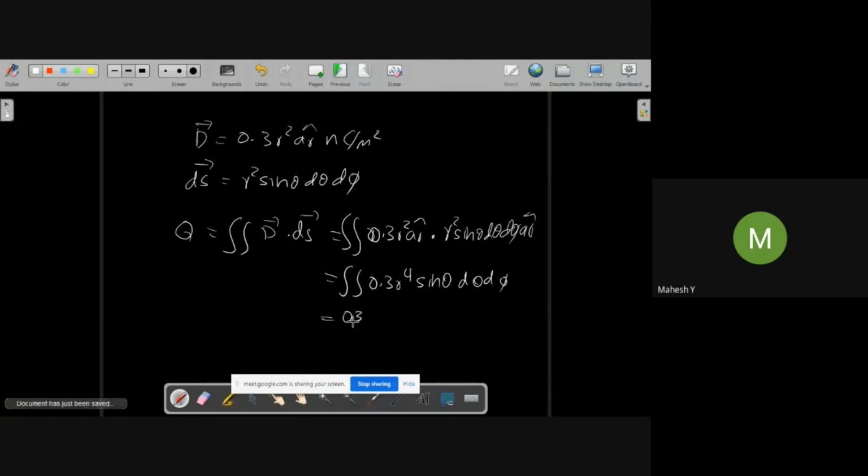So 0.3 r raised to 4 is how much? The limits are what? Sin theta d theta d phi. Just now we discussed this, right? For d theta it is theta equal to 0 to pi, and for d phi it is 0 to 2 pi. So integrate and find the value.